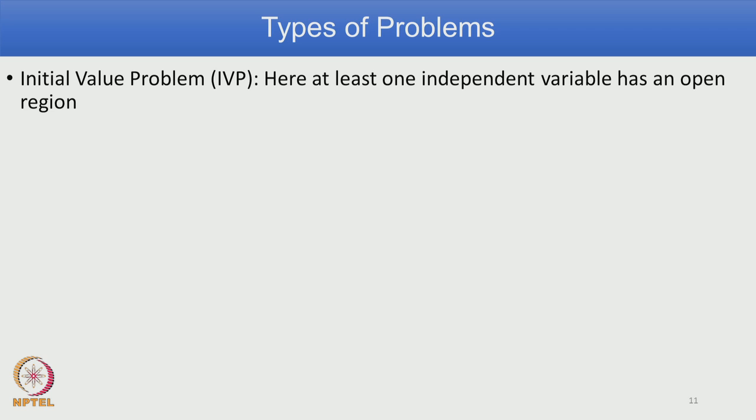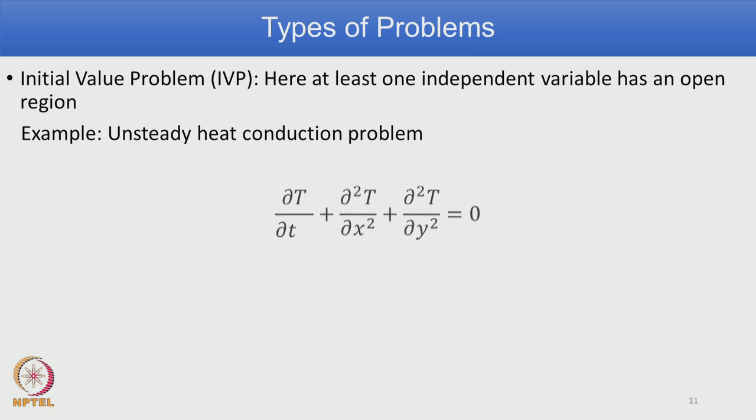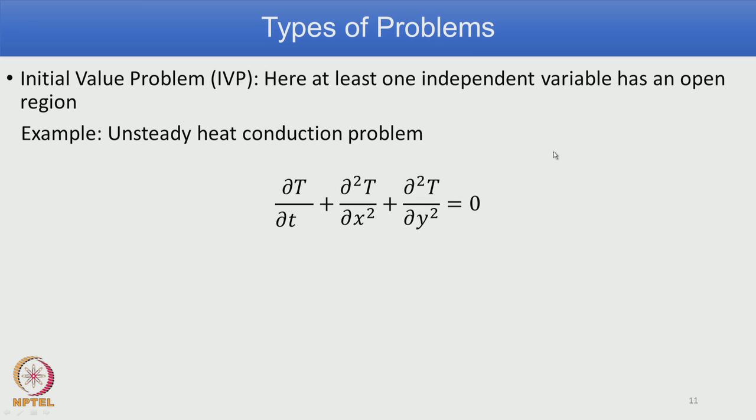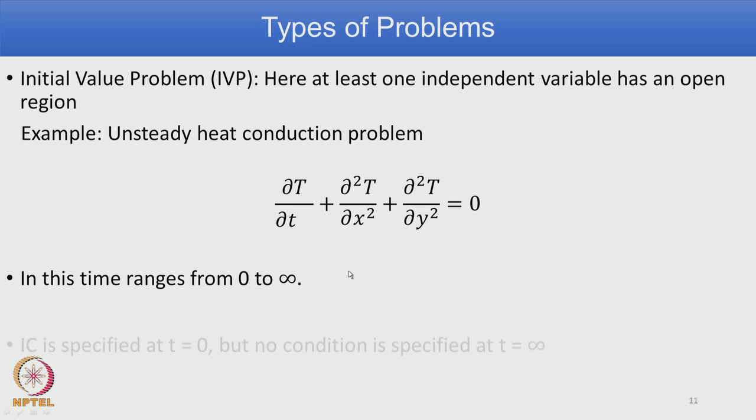Next category is the initial value problem. Here at least one independent variable has an open region. Example, the unsteady heat conduction problem, the same equation that we had seen before. If you add the time derivative, it becomes an unsteady heat conduction problem, and we know it is parabolic in nature, and the time starts from 0 to infinity range.